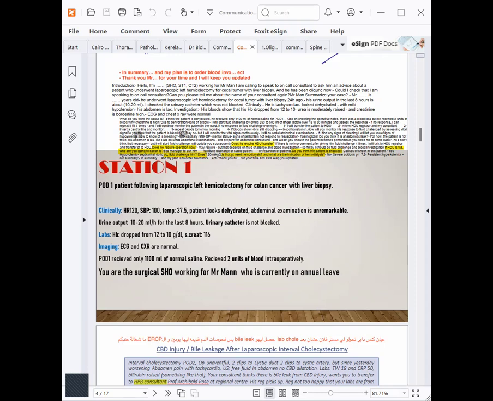What will we do? We will assess his vital signs, heart rate, blood pressure, capillary refill, mental status, and urine output. What else? Then repeat the investigations.